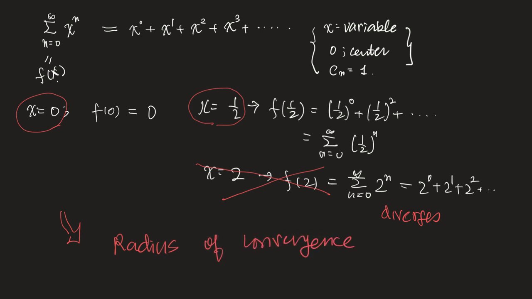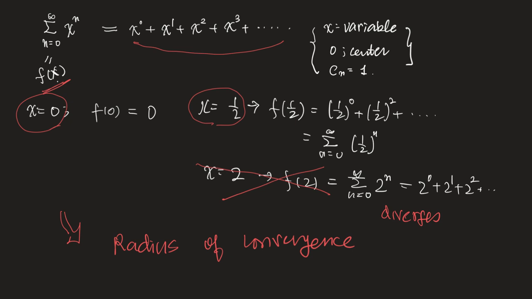So I'm going to introduce the radius of convergence of a power series. Keep in mind, the idea of radius of convergence is that this power series should converge when you plug in the x value. Another way, we're going to find the domain of f of x.